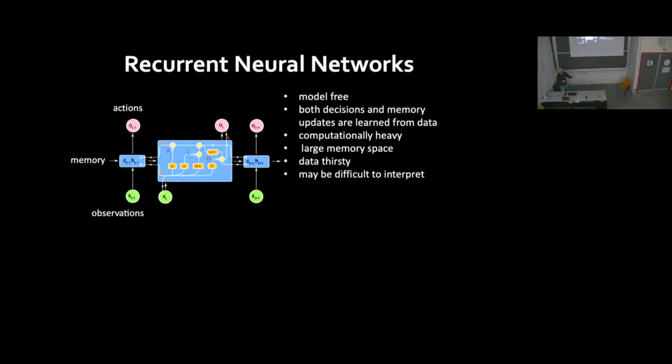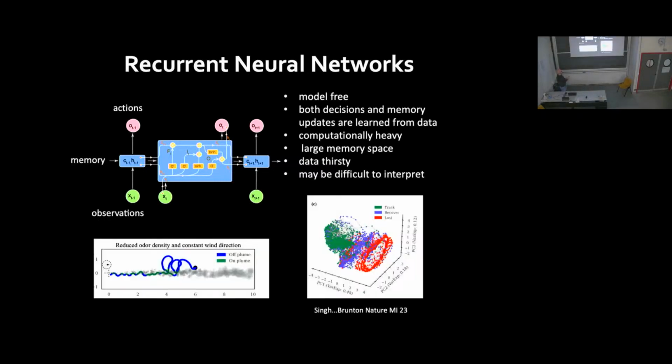So you might have an object which gives a very good performance in a totally opaque way. And so in order to understand what it does, you have to open the hood and look at some properties of the weights. And this has actually been done recently for this exact problem of olfactory search by the group of Branton at University of Washington.